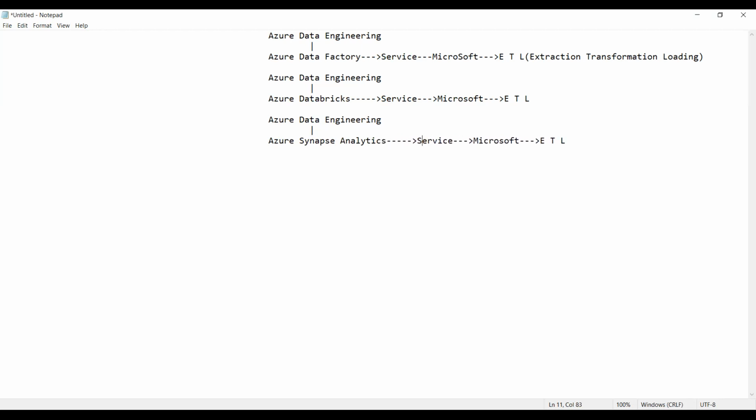This service is provided by the Microsoft to perform various jobs.